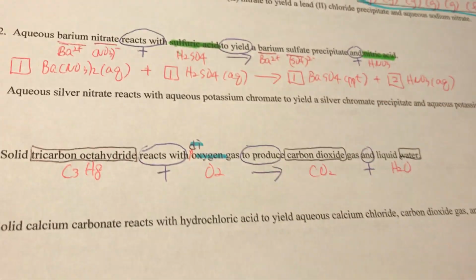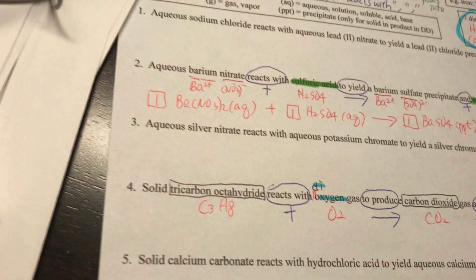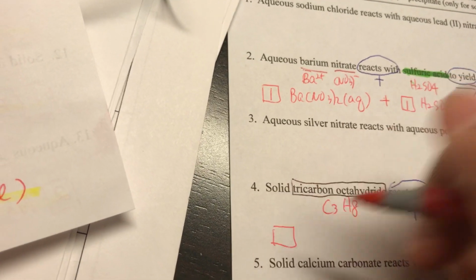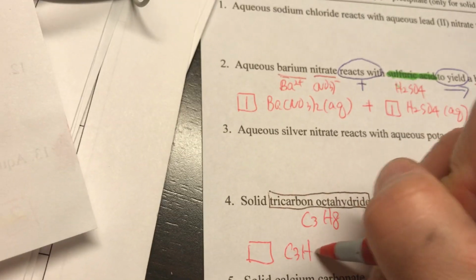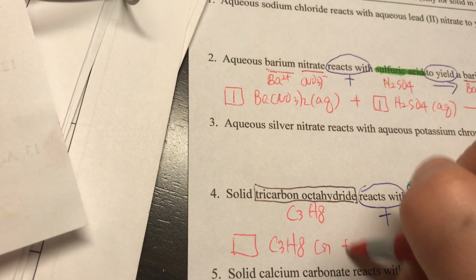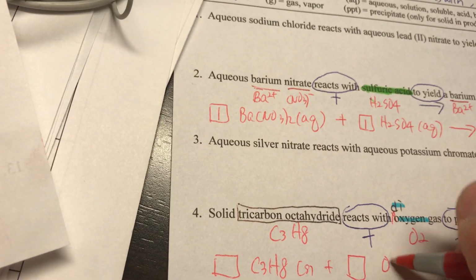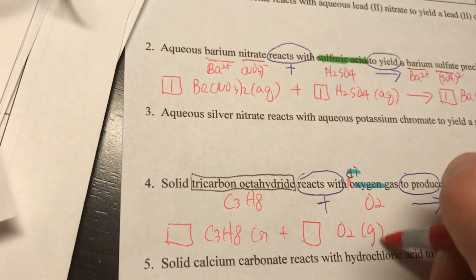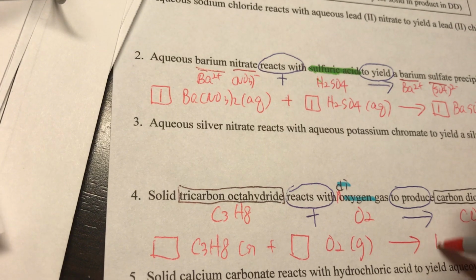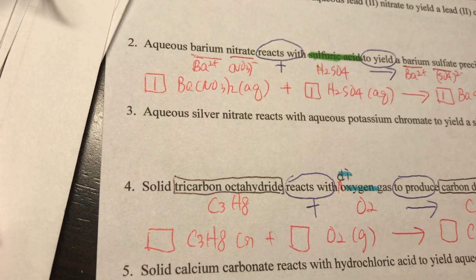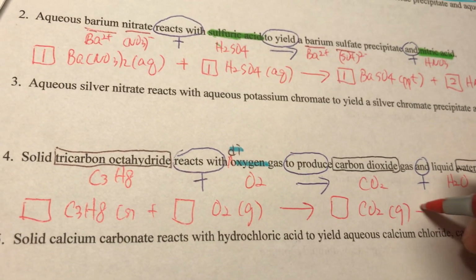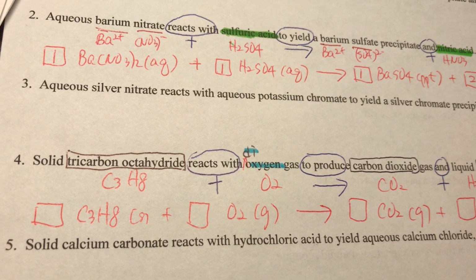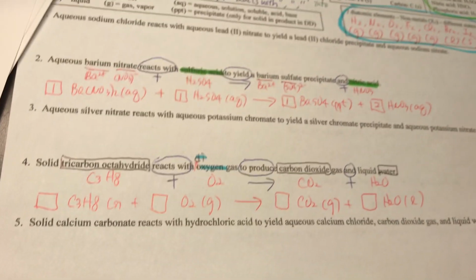Okay, so we have everything. Then we can just write out the balancing part. So I'm going to put one box here, C3H8 solid, plus coefficient box O2 gas, arrow, coefficient box CO2 gas, and then box H2O liquid.